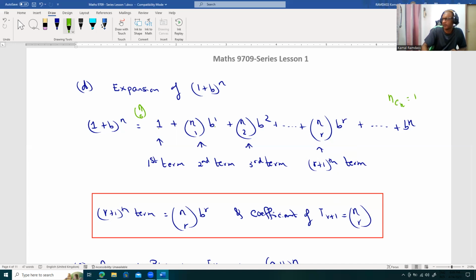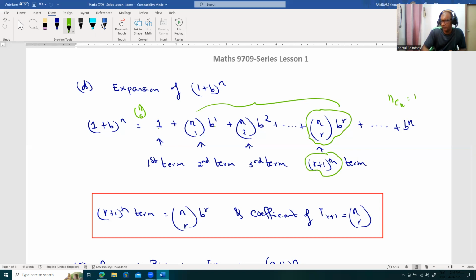Et là, ce qui est important, je connais ça. Et this is the, parce que si nous regardons bien là, b to the power of 1, b to the power of 2, b to the power of r, là, moi, on a r term, là, moi, on a 1 term. Ça veut dire, ça, c'est the r plus 1 term. OK?